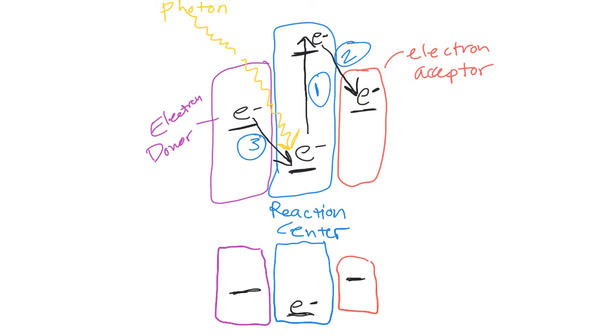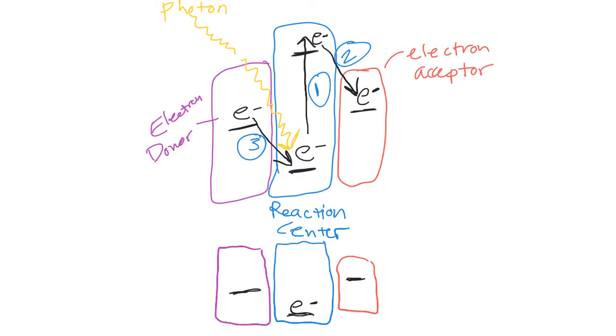And so when something accepts an electron, it goes through a reaction, which we're familiar with. What do you call it when something receives an electron? It is being reduced, right? Because it's gaining a negative electron, so it's being reduced. So the donor is being oxidized, and the receptor is being reduced.